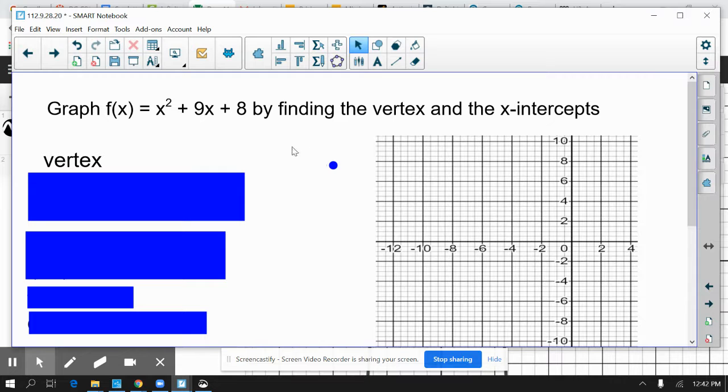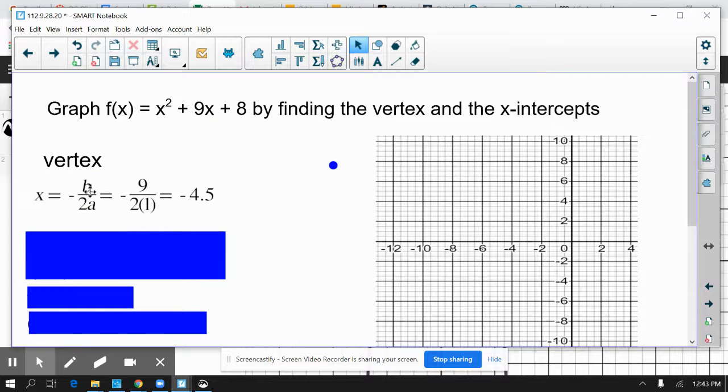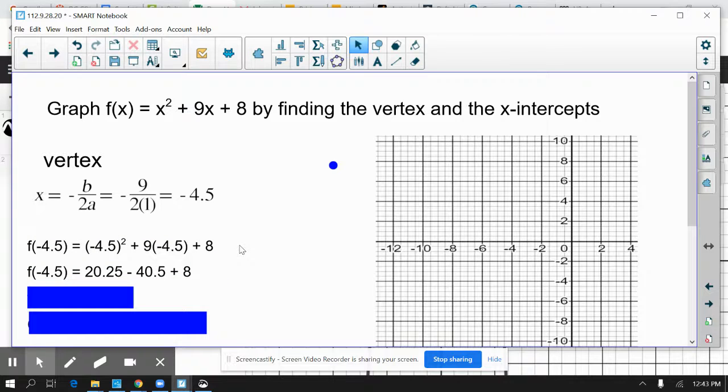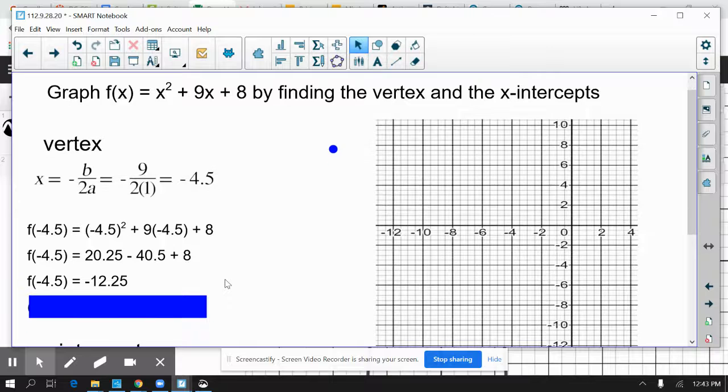Can you graph this by just using the vertex and x-intercepts? Yes, I can. For the vertex, I'm using -b/2a again. So -b/2a results in -4.5. That's just the x value of the vertex. You have to plug that in to find the y value of the vertex. Get those calculators out, and you discover -12.25 is the y value of the vertex.